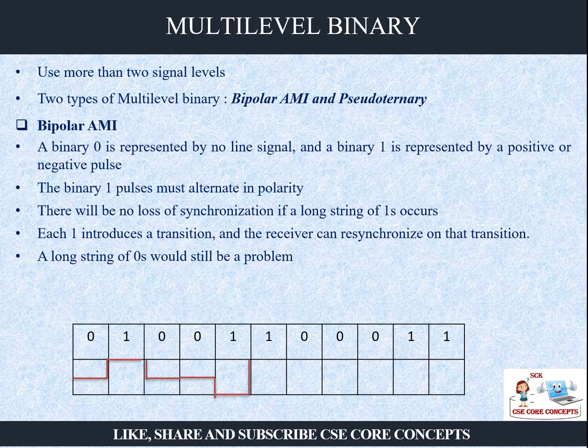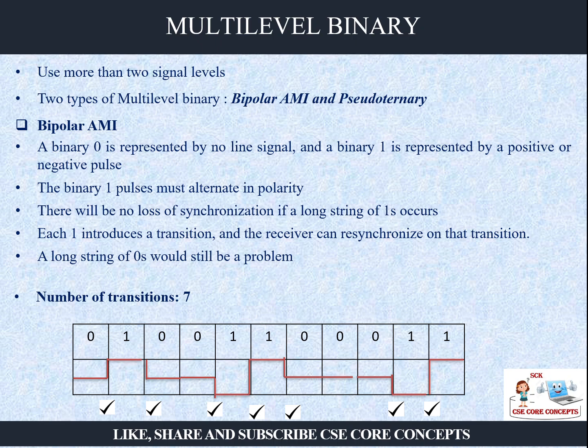The next one will be positive, and then it will be followed by 3 no line signals for the 3 zeros. Now earlier one was positive, so this will become negative, and now it will become positive. So let us compute the number of transitions: 1, 2, 3, 4, 5, 6 and 7. So here we have 7 transitions.